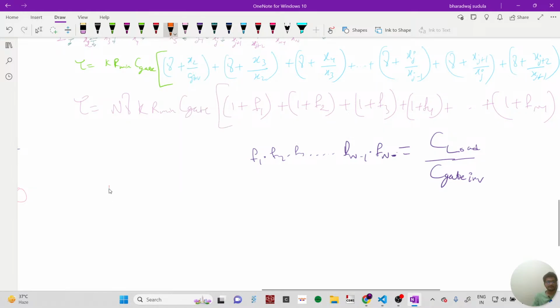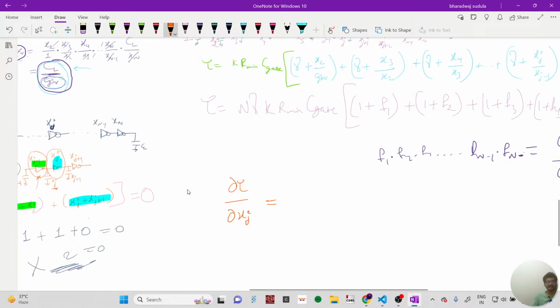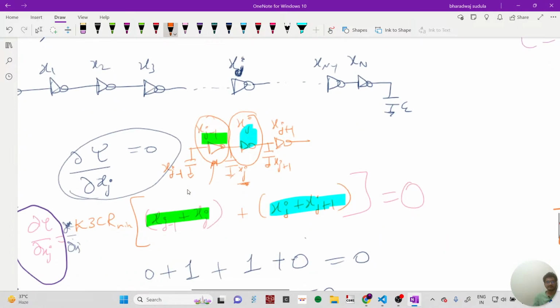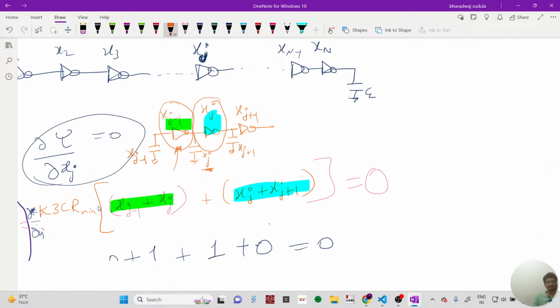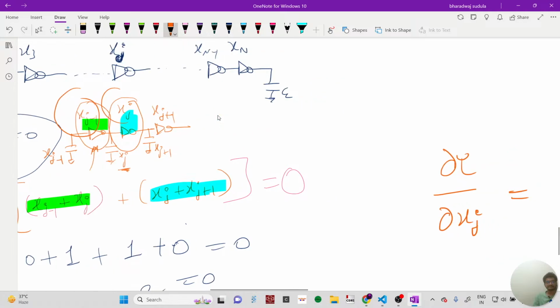So let me differentiate tau with some jth capacitance. Okay, so as you all know, I don't have to repeat it again, or else you have this, no? So I'll get this gate and this gate.